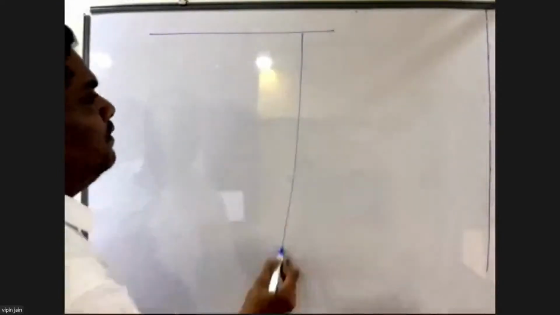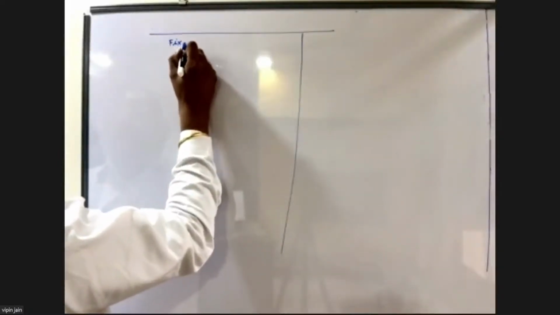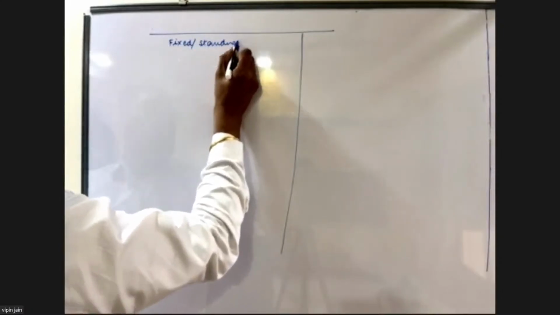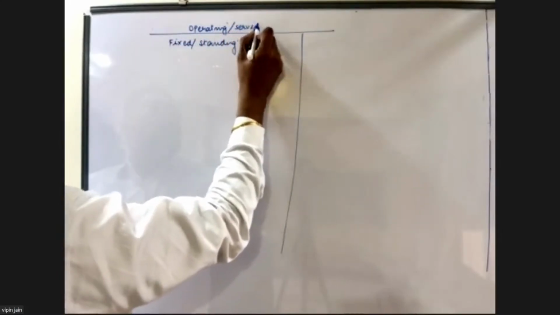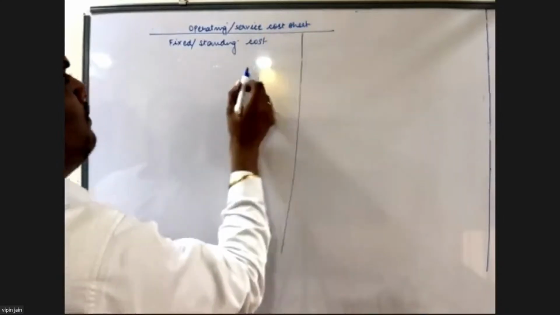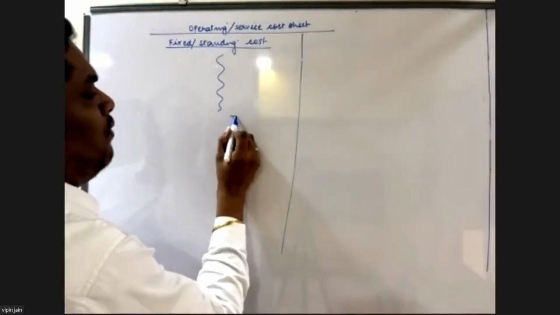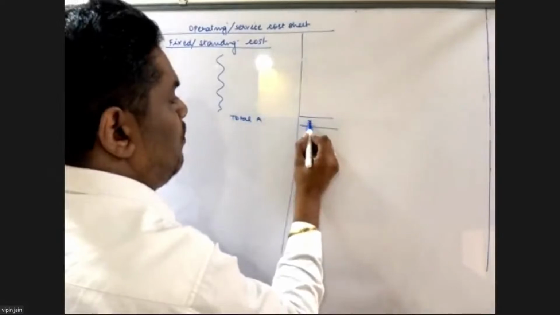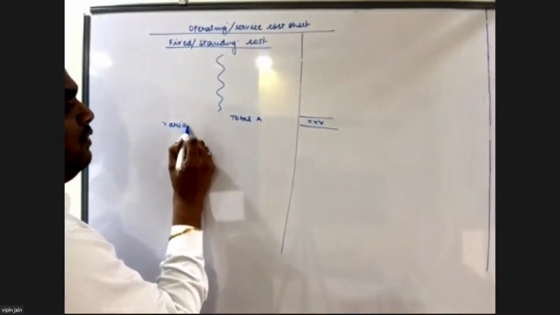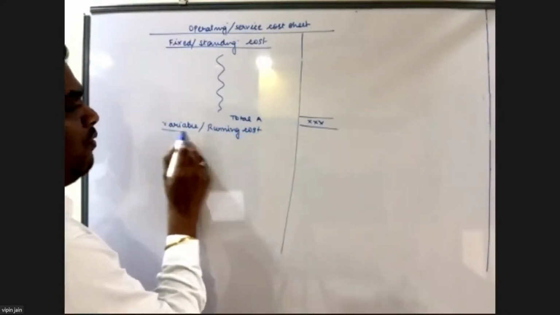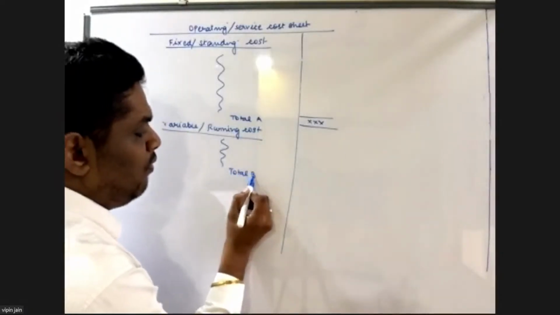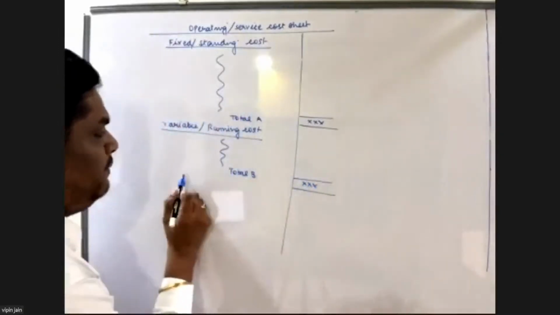The format is very simple, wherein we'll write all the fixed or standing cost, variable or running cost, and maintenance cost.